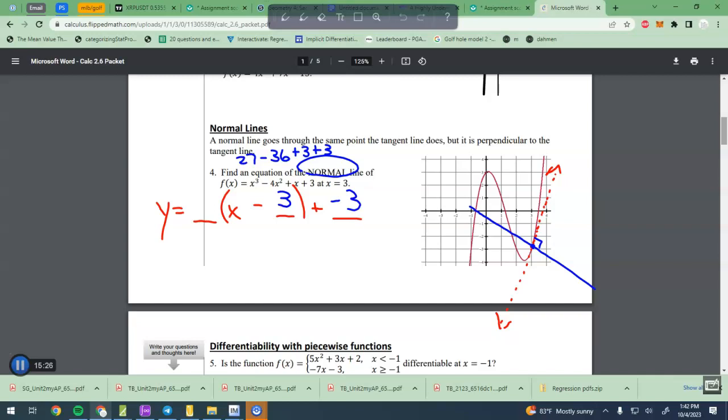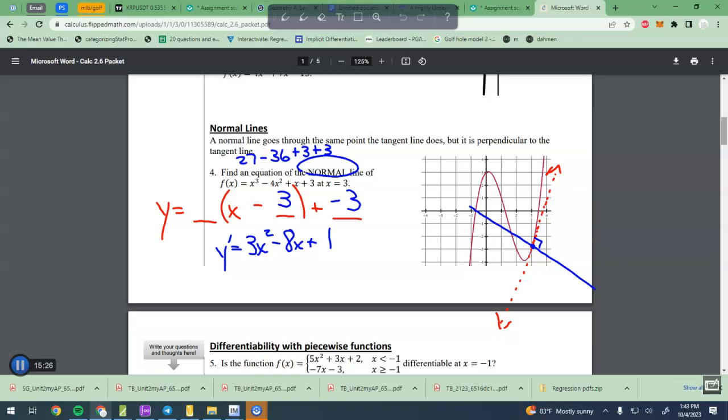With me? Now I have to plug in to find the slope. My derivative is 3x squared minus 8x plus 1. That's just taking one term at a time, and the 1 comes from the x. If I plug 3 into that, what will it tell me?